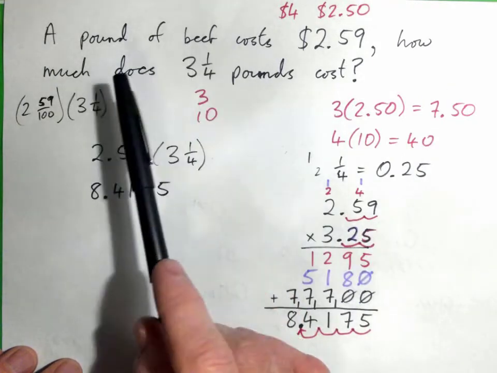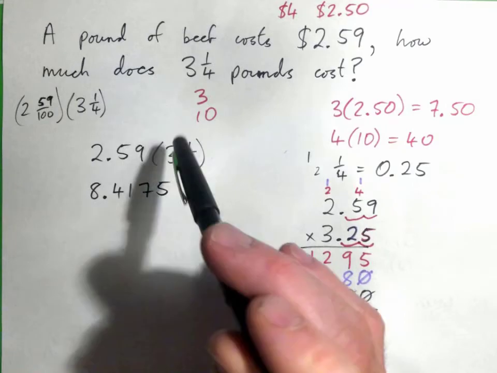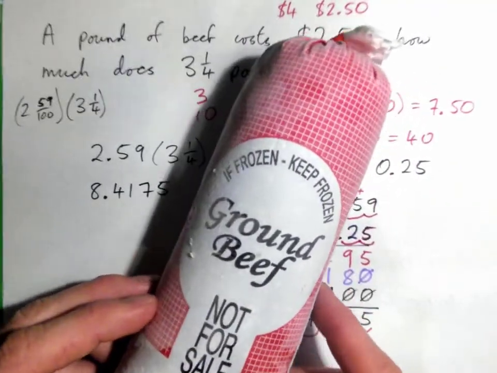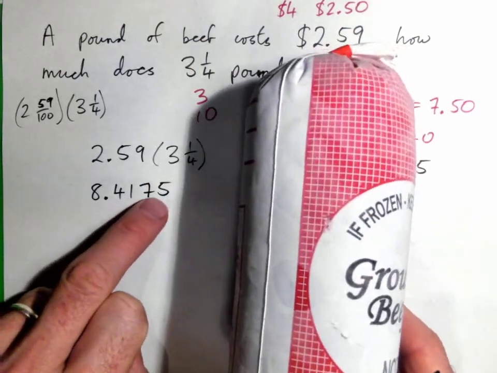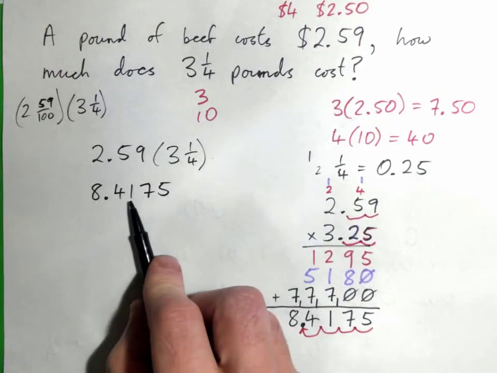So what does this mean then? 8.4175. Right. Yeah, the 3¼ pounds of these costs $8.4175. Now we don't deal in anything less than a cent in our currency.